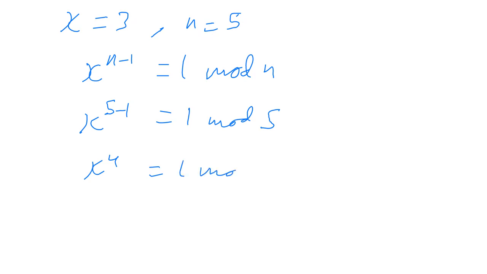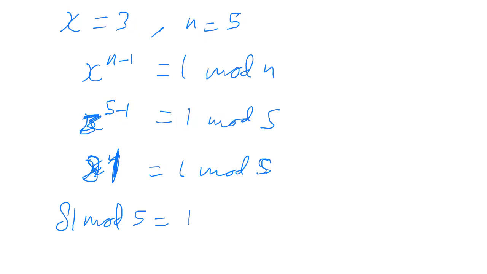X to the power 4 is equal to 1 mod 5, and x is 3 here, sorry. 3 to the power 4 is 81. So you can check that 81 mod 5 is equal to 1. This is a result that we can get easily by taking some smaller values like 3 and 5.